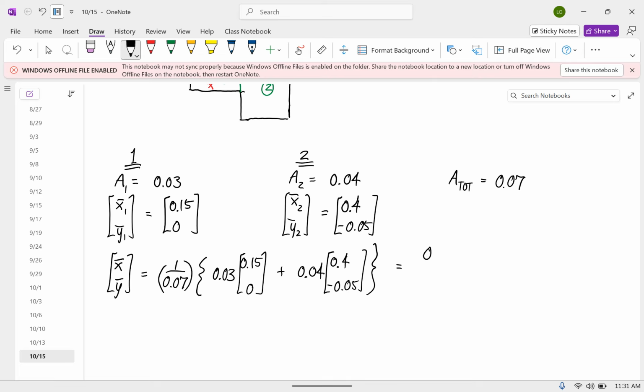And I get 0.293 for x and negative 0.029 for y.